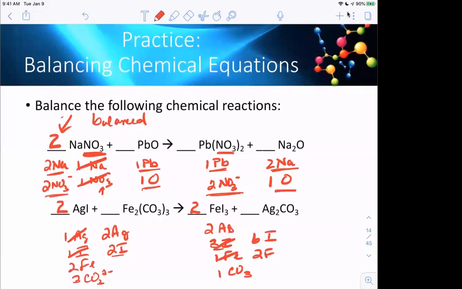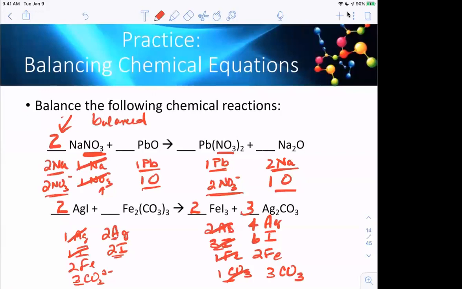Well, now I have 2 irons, 2 irons, I have 2 silvers, 2 silvers, but I still don't have the right number of carbonates. Notice I have 3 and I only have 1. So I'm going to put a 3 there. That's going to give me 4 silvers and 3 carbonates. I only have 2 silvers here and I only have 2 iodides.